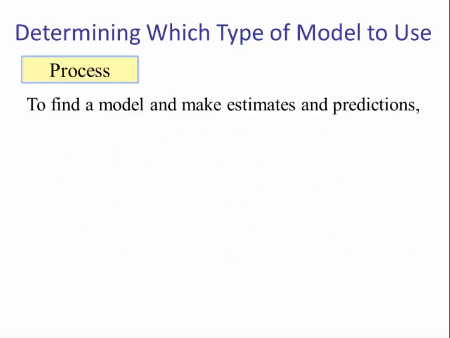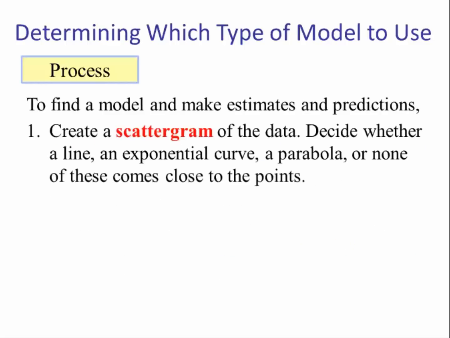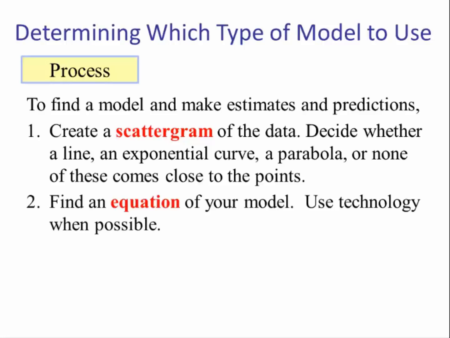Define the model and make estimates and predictions. Number 1, we create a scattergram of the data. Decide whether a line, exponential curve, a parabola, or none of these comes close to the points. Number 2, find the equation of your model. And of course we want to use the graphing calculator to do this.